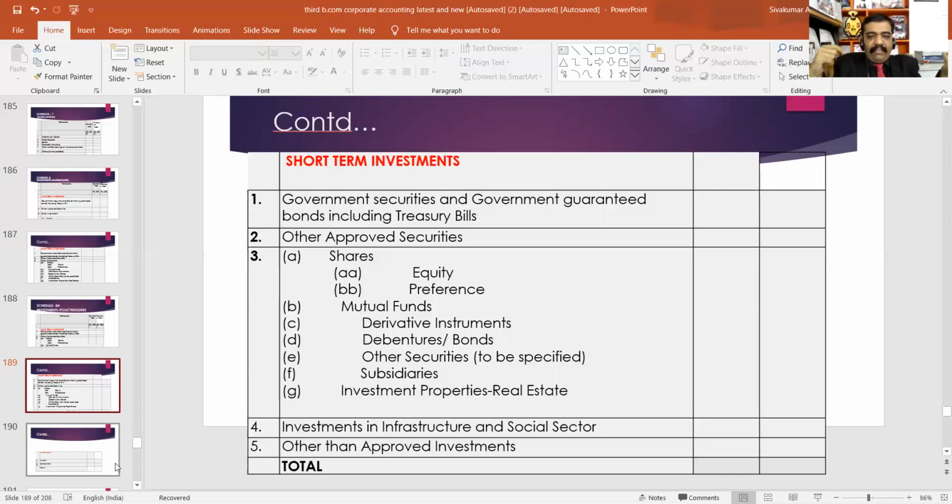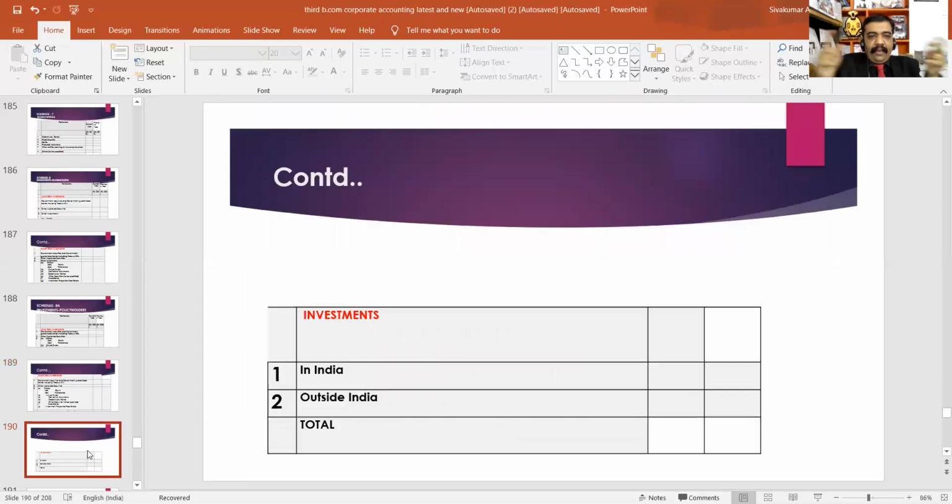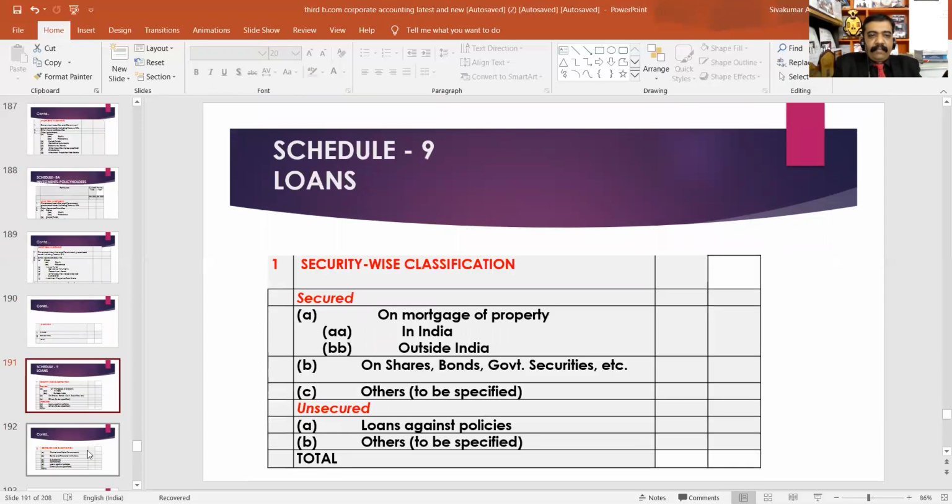The last two items are investments in infrastructure and social sector, and other than approved investments. Then please total it, and classify your total investment into two: investment in India and investment outside India. Then please total it again.